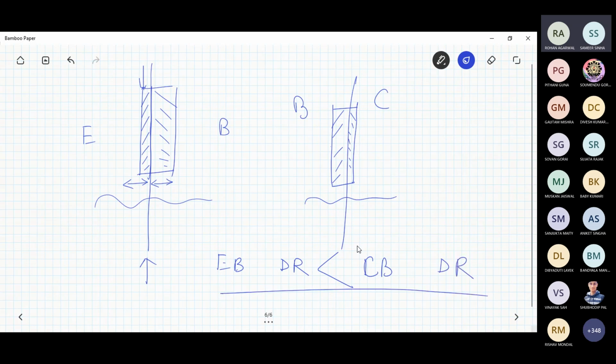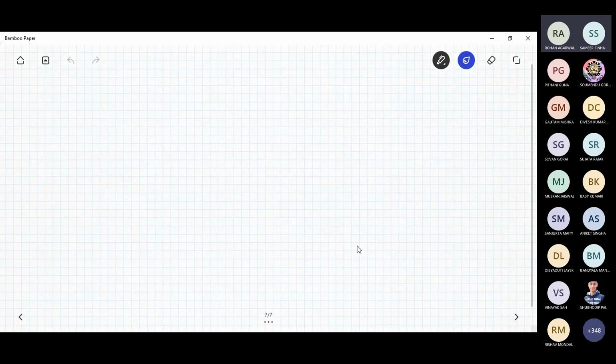Why? Depletion region is inversely proportional to the concentration. So definitely the higher the concentration or higher the doping, the lesser will be the depletion layer. Okay. So this is the story regarding unbiased BJT.